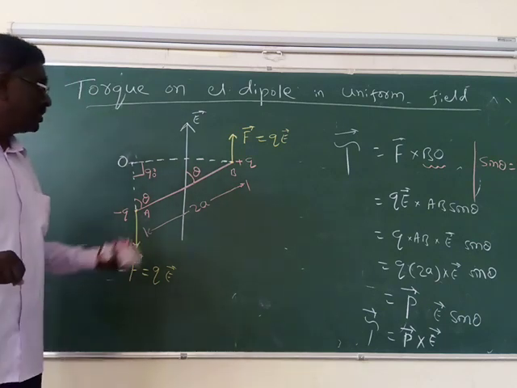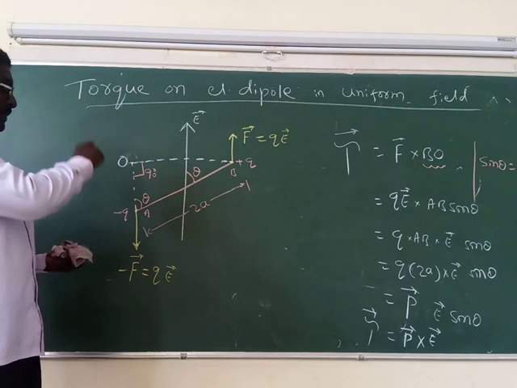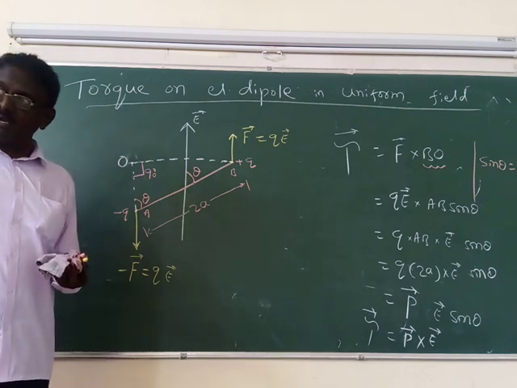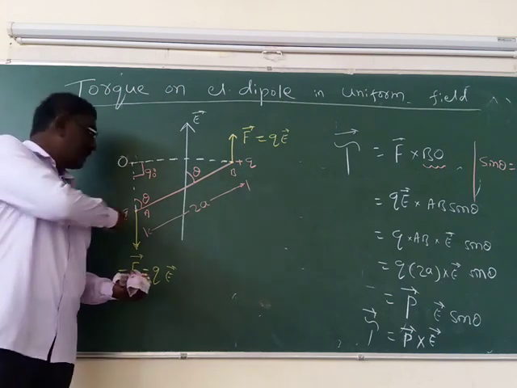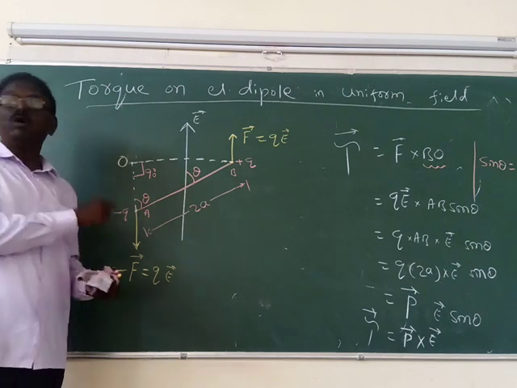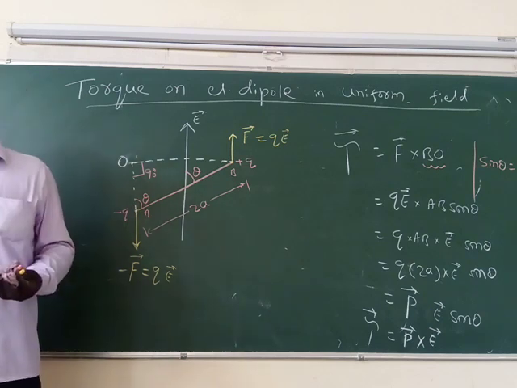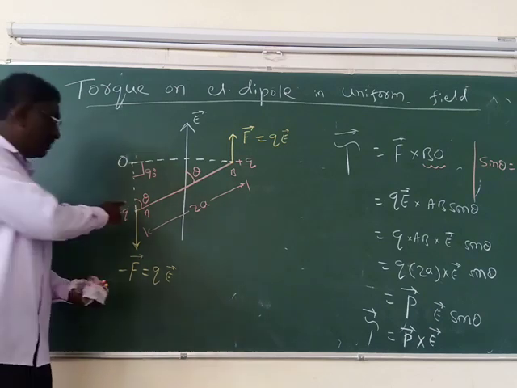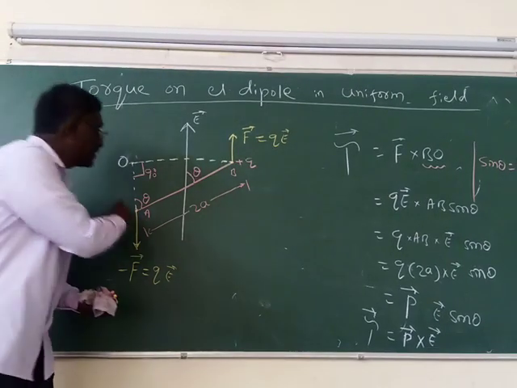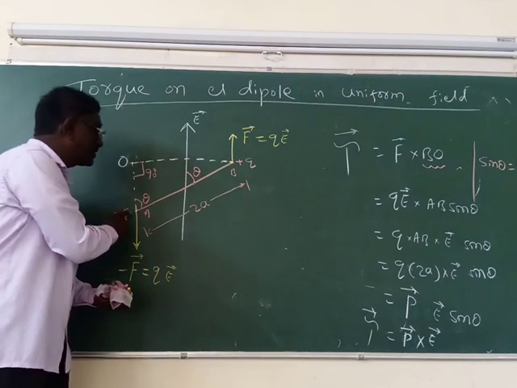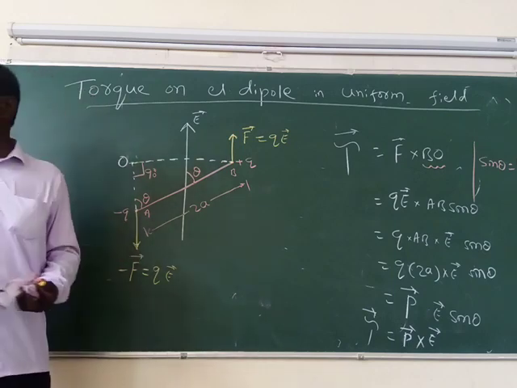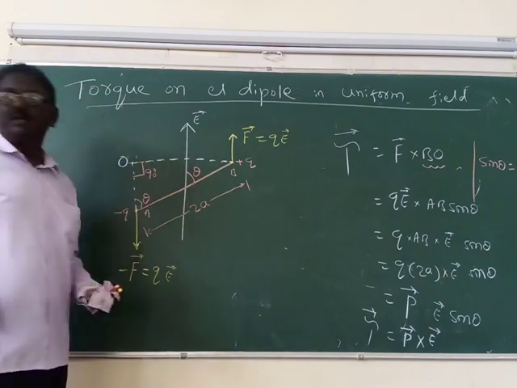This is the equation for torque experienced by electric dipole placed in uniform electric field such that dipole axis or dipole moment makes angle theta with the direction of electric field. What is the direction of electric dipole moment? From minus q to plus q. The line joining minus q to plus q makes angle theta with electric field.